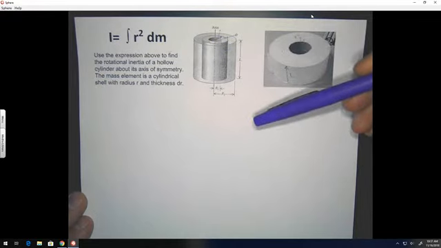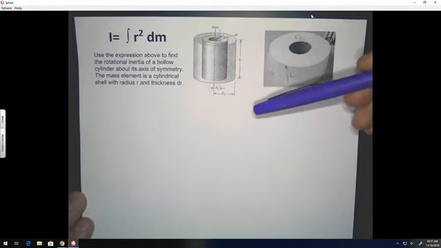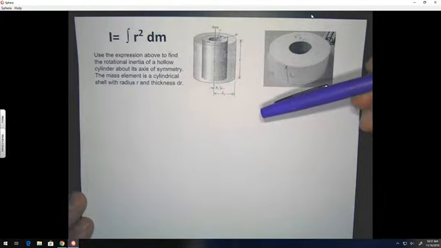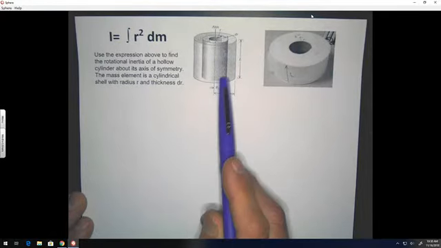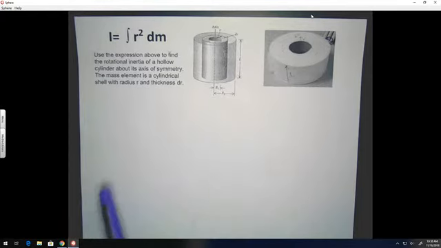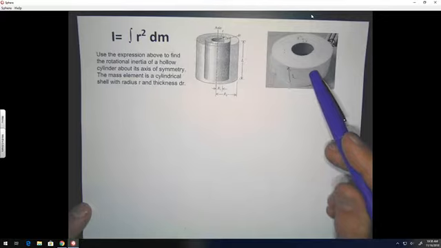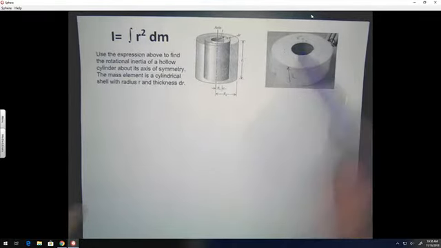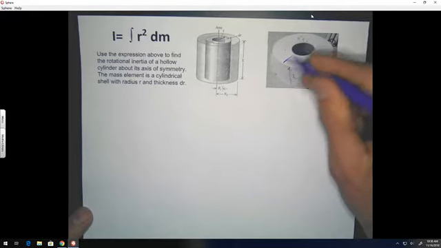Okay. And the trick that we're going to think about to do this integral is the idea that you can build up the cylinder by sleeves which get larger and larger. Their diameters get larger and larger. And you make the sleeves really, really thin. The analogy is a toilet paper roll, because the whole roll obviously has thickness to it, right?